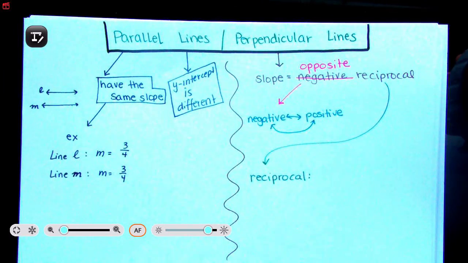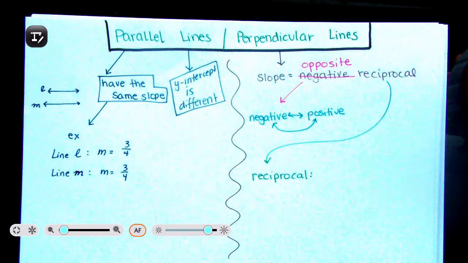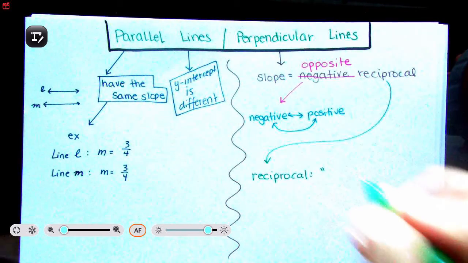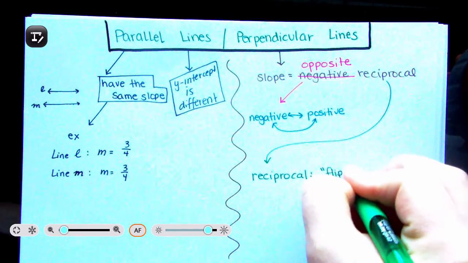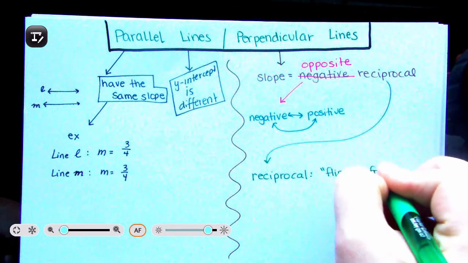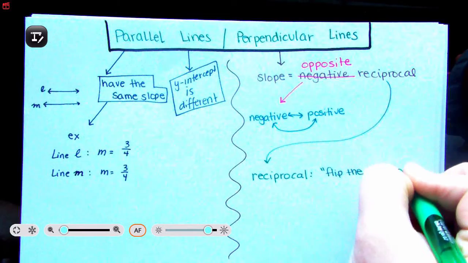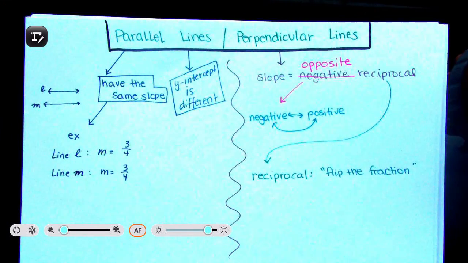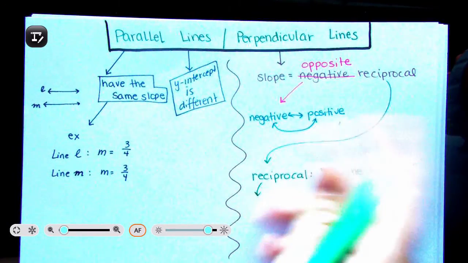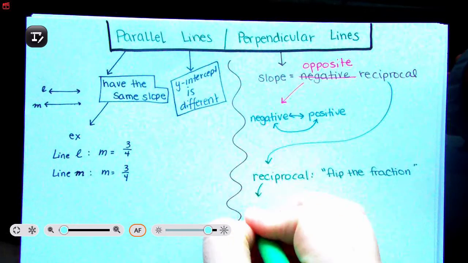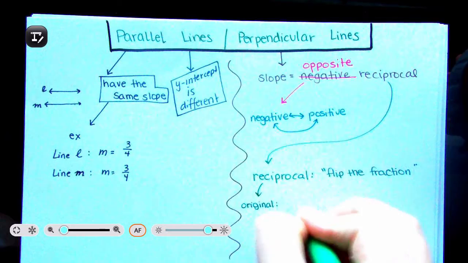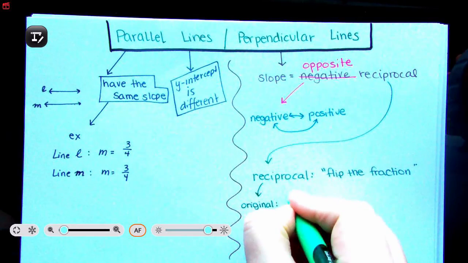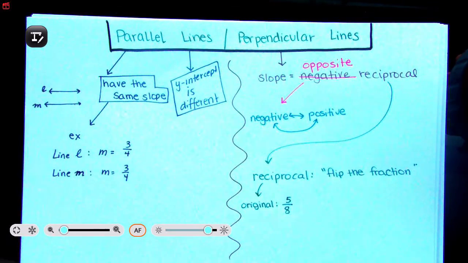Now reciprocal means, and I'm going to use my own words here, we're going to flip the fraction. Okay, so let's have an example of a reciprocal. Let's say our original is 5/8.